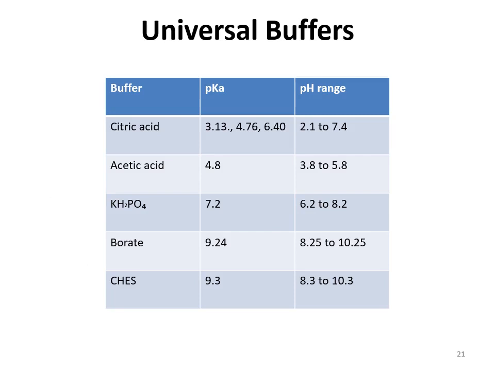Here are some universal buffers with pKa and pH range. First of all, we already have discussed citric acid, and it is an exceptional case because it has 3 pKa values. Its pKa values are 3.13, 4.76, 6.14.